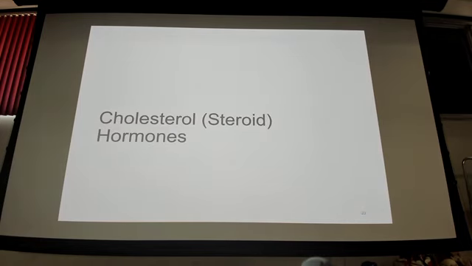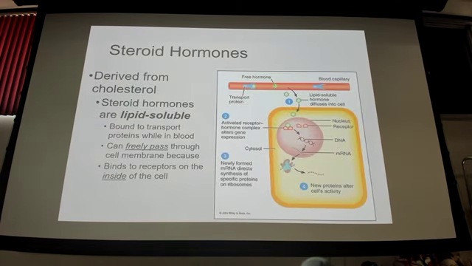So steroid hormones are fat soluble. In order to be transported, these in general need to be bound to some sort of transport protein. There are specific ones like sex hormone binding globulin and thyroid binding globulin, but there is also albumin, which carries a lot of hormone around.